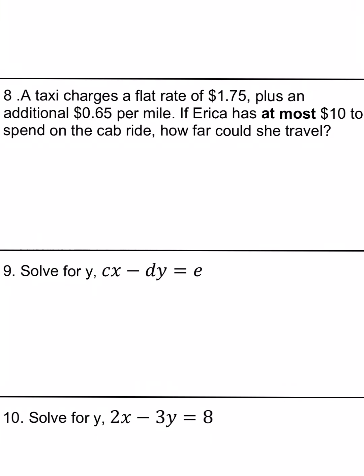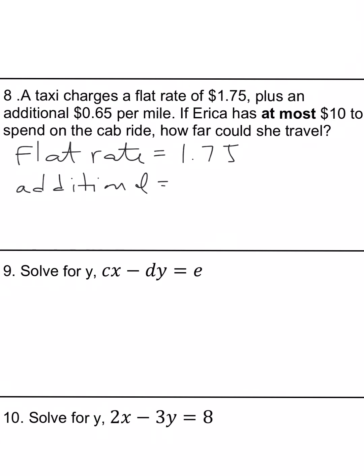So the flat rate first is $1.75, and then after that, the additional is 0.65.